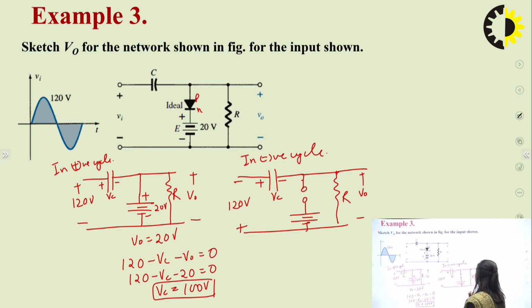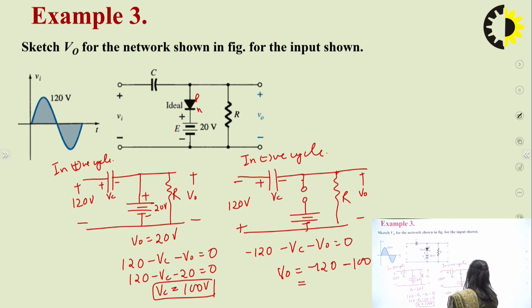In this case, the output voltage can be found: minus 120 minus Vc minus V0 is equal to 0. So V0 would be equal to minus 120, and the Vc value was minus 100. So V0 will be minus 220 volt.